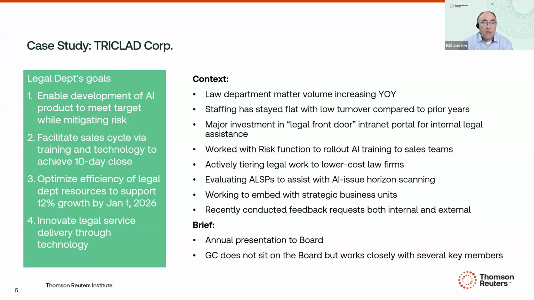So we want to figure out how can we optimize efficiently internally to be able to attain that type of revenue growth. And then we've added a 4th goal category for the law department that's sort of our own internal goal that we want to be driving towards. But we want to innovate the delivery of legal services through better technology. That aligns very much with the other things that the business wants to accomplish, but it's something that we want to do as a yes and type goal for the law department.